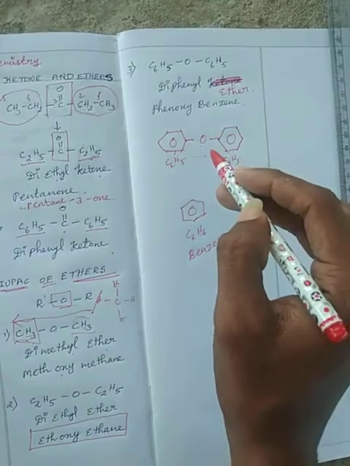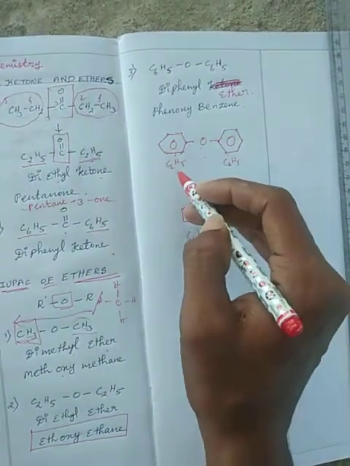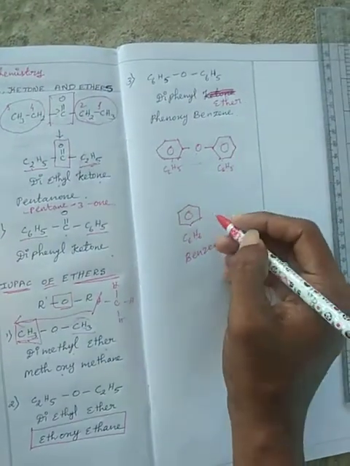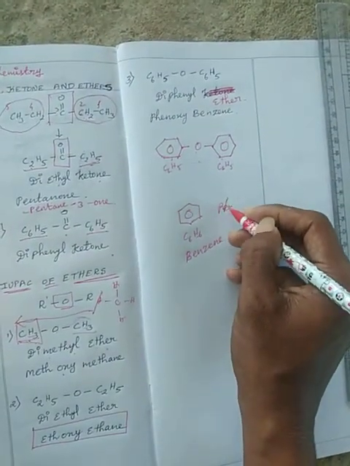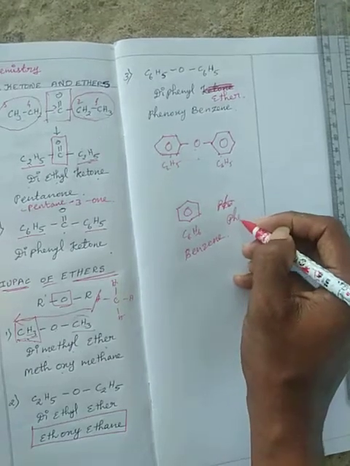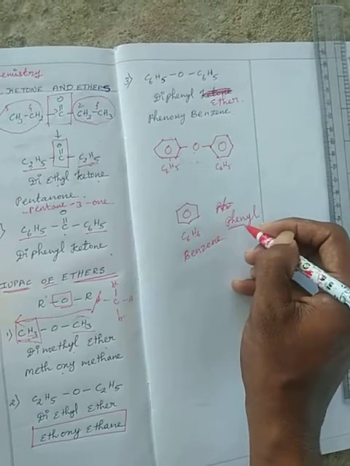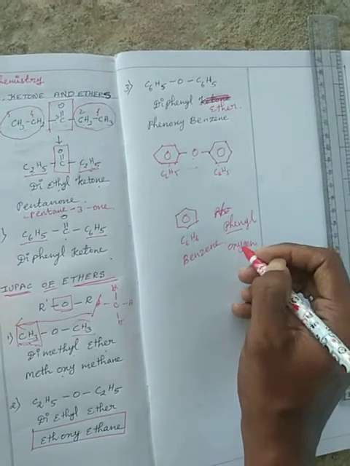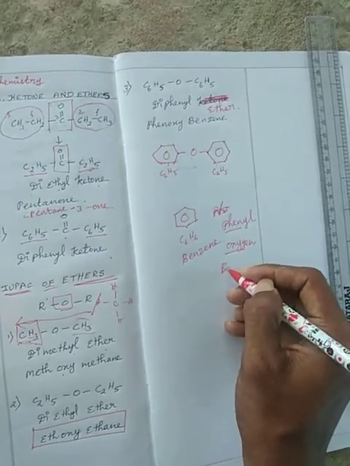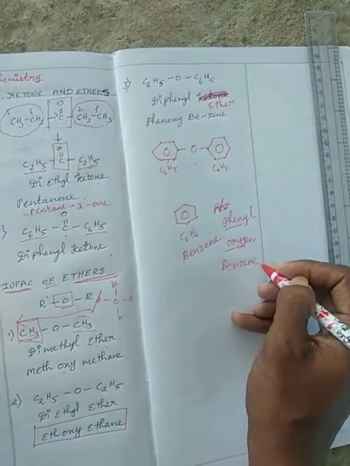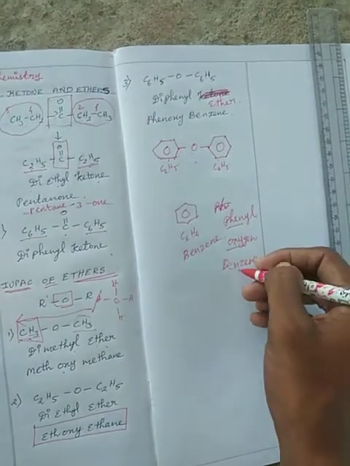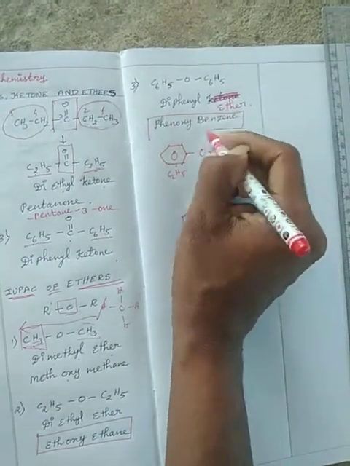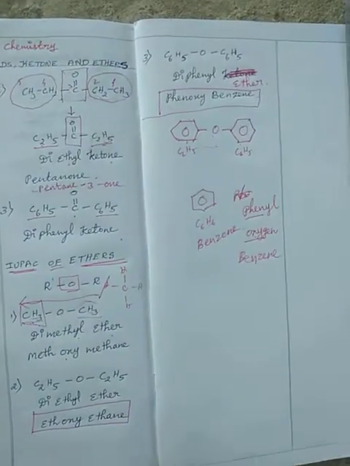Phenyl reacts with oxygen and attaches to benzene. Phenyl, phen, oxygen, oxy, and the original name is benzene. Phenoxybenzene is the IUPAC name.